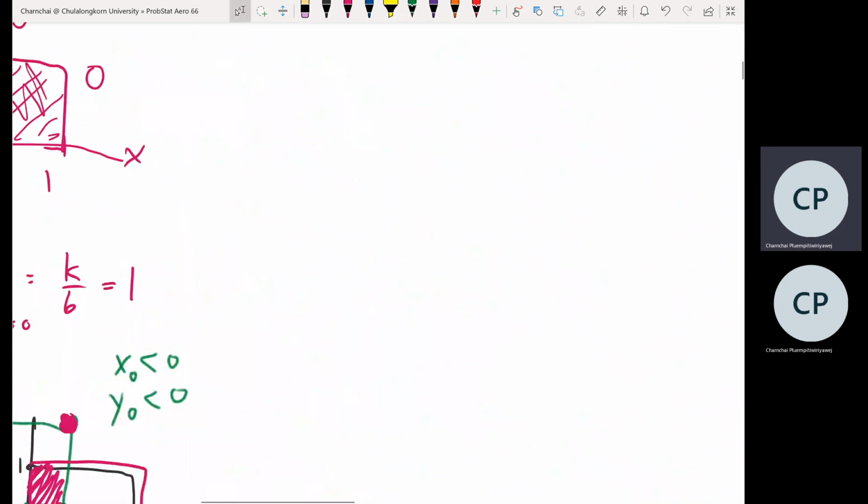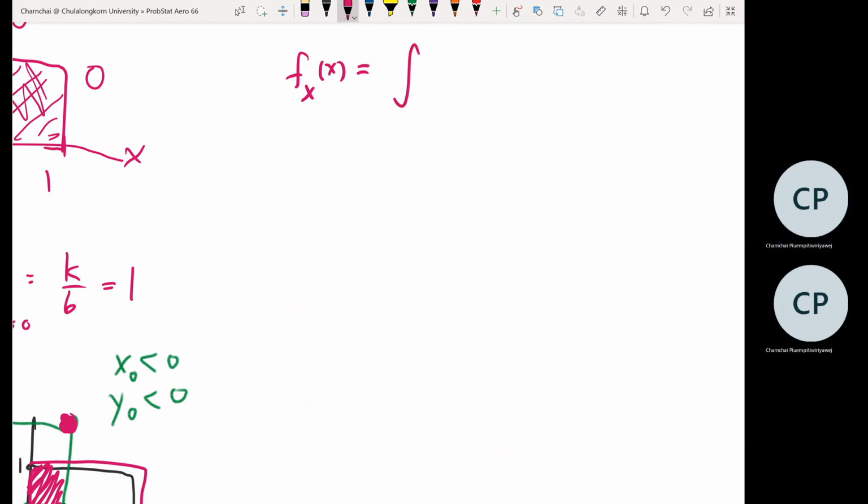So if we want to find f of x, by definition, what would you do? Integrate what? The joint PDF, only over y. Y from negative infinity to infinity.